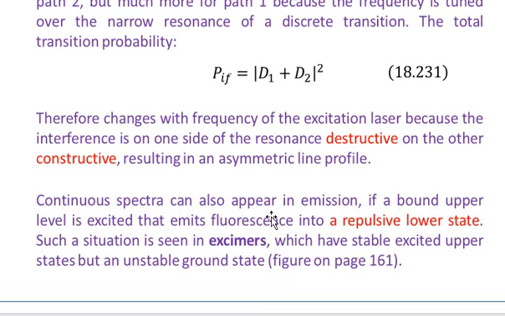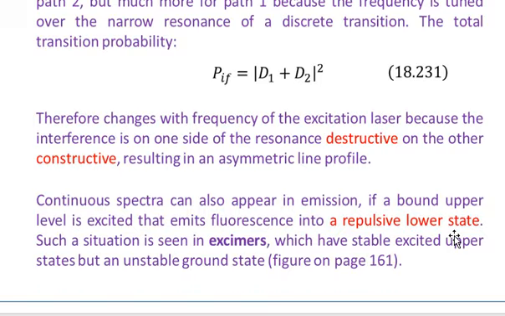Continuous spectra can also appear in emission if a bound upper level is excited that emits fluorescence into a repulsive lower state. So you see that if you want to get a continuous spectrum from a molecular system, the upper level should be a bound state, whereas the potential of the lower state should be repulsive.